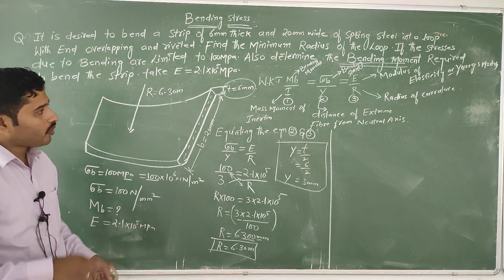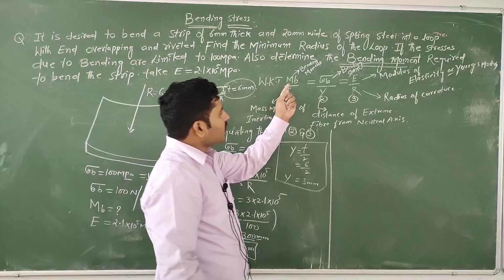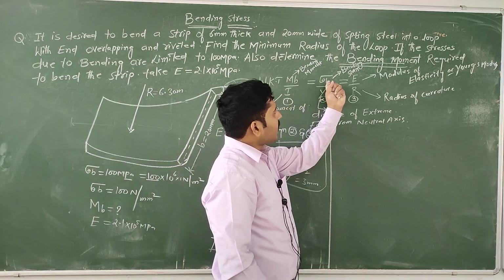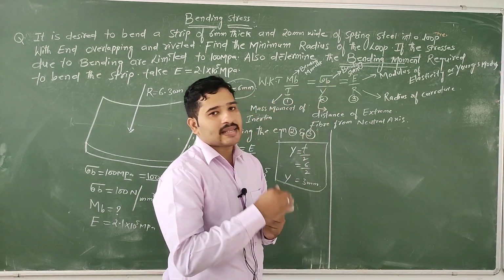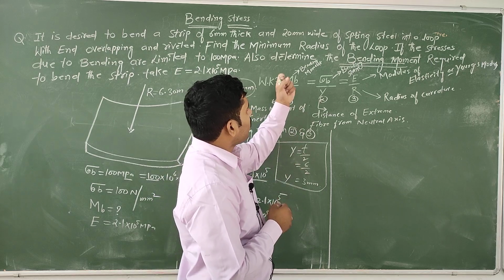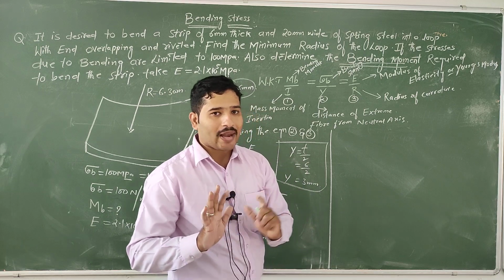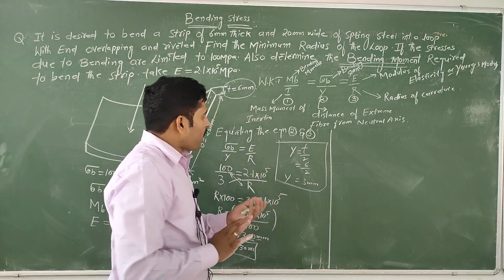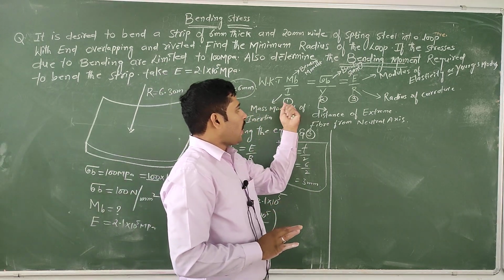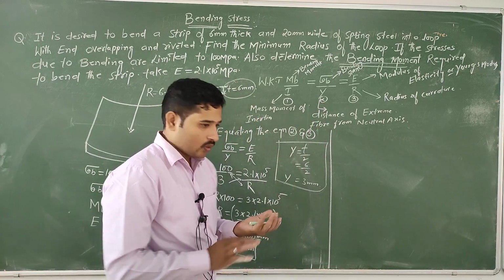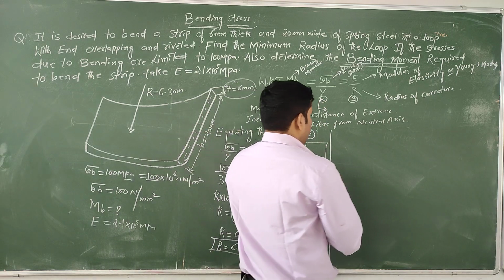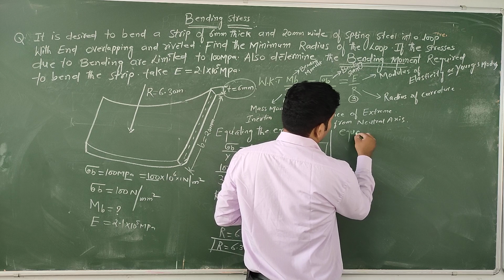Let us see. If you use the first equation and second equation, you will get the same value. If you equate the first and third, again you will get the same value. So now I am equating equations 1 and 2.